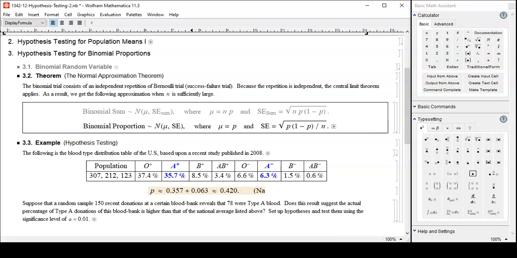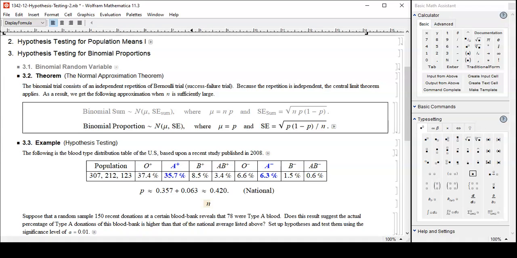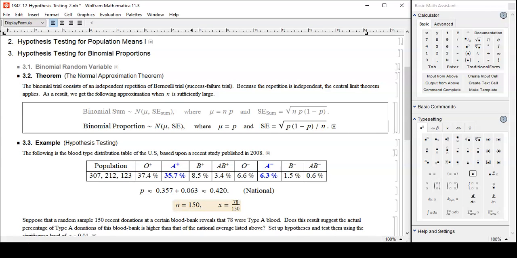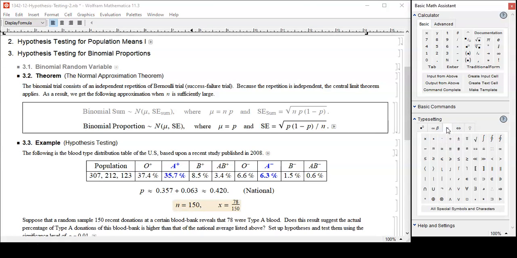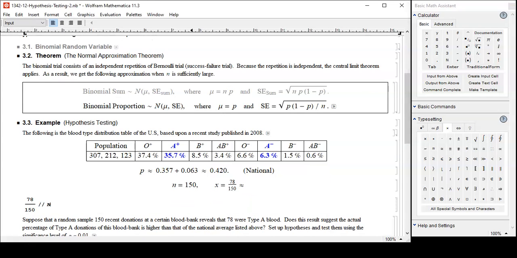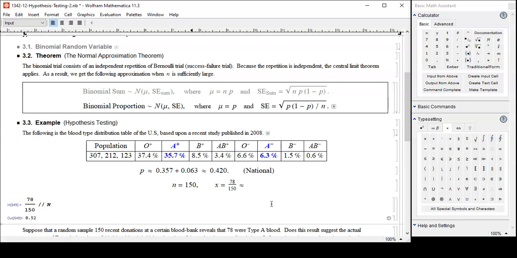Locally, however, you have something different. A sample size of 150, and then you have 78 out of 150. And what is 78 out of 150? You can easily figure it out by punching it into a calculator. If you do that, you're going to get 52%.